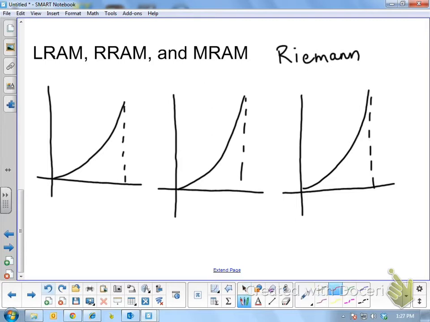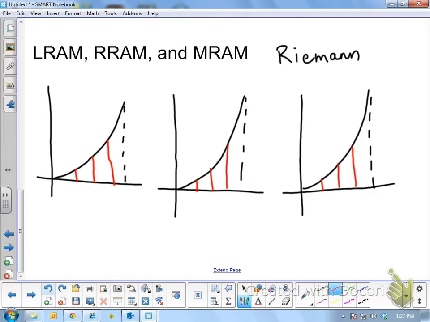Same number of rectangles. Let's say we're doing 4 rectangles for each. So we would draw all of our lines the same. They would all go up to the same point. What's different is how we're going to connect these lines. If we're doing a left Riemann sum, we're starting from the left side of the rectangle and drawing from the y value on the left side.